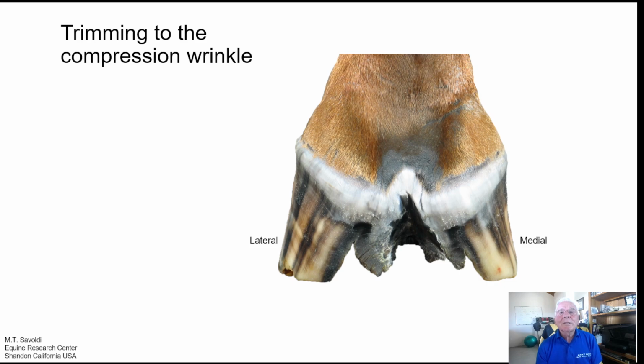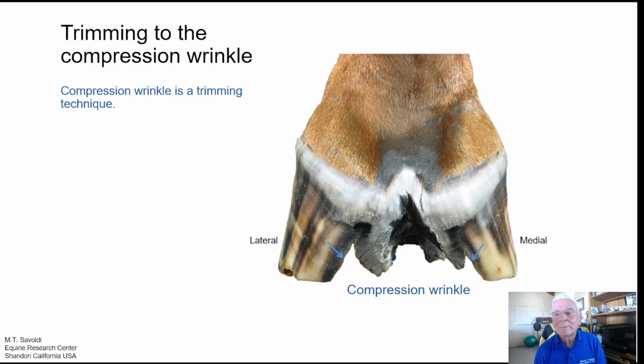Trimming to the compression wrinkle. This is an old trimming thing. Compression wrinkle is where the wall would collapse a little bit. They talked about it a few years ago. To me, a few years ago, it might have been 20. It's the way it is.